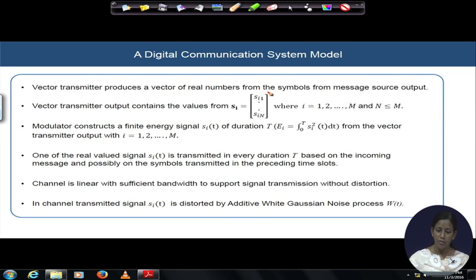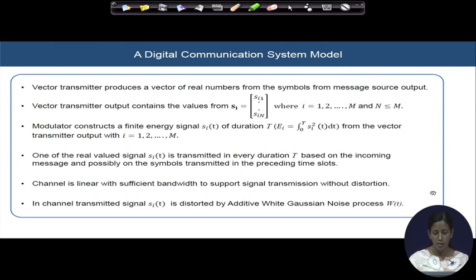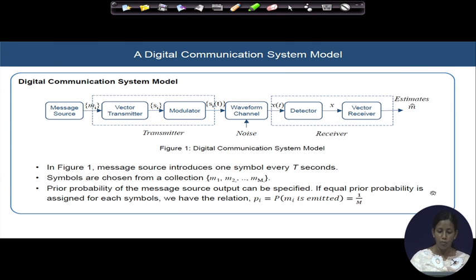The transmission is done on the air, and hence we need to look a little bit at what kind of wireless channel we are considering. The output Si is now modulated by the modulator, and you have constructed Si(t), which is released to the channel.